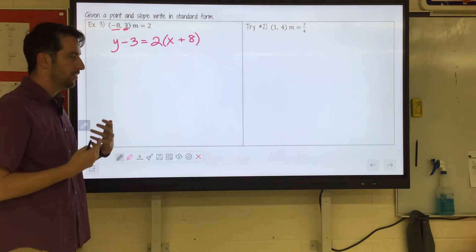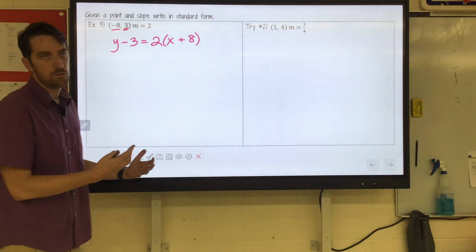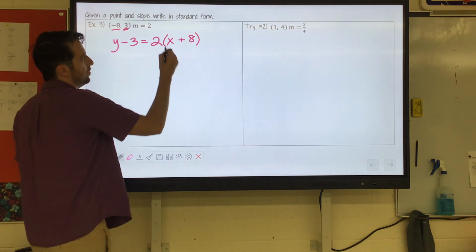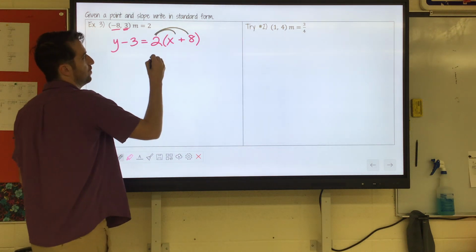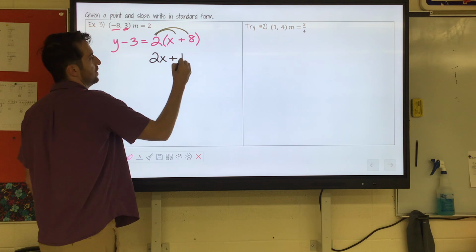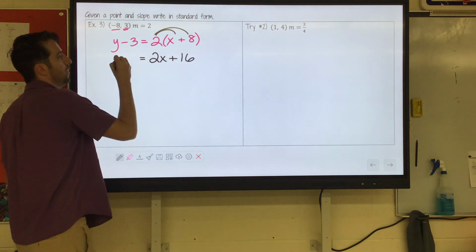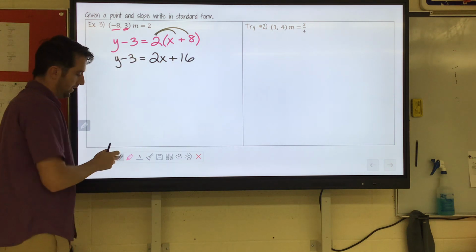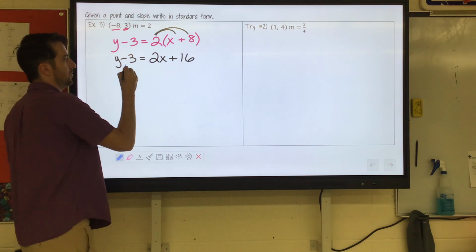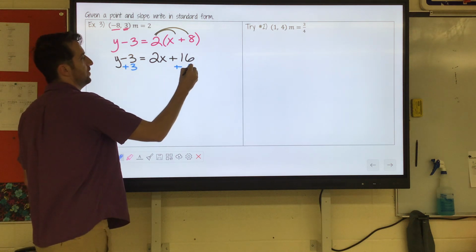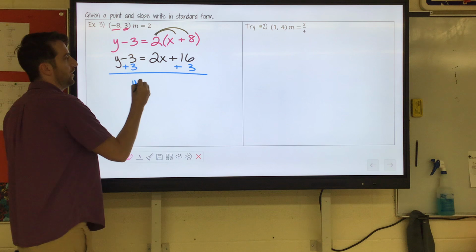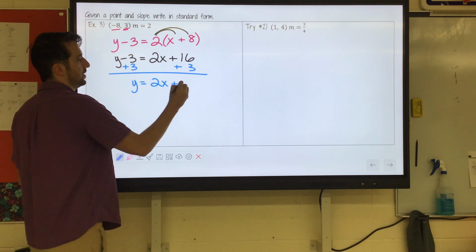So we'll distribute the 2. That'll give us 2x plus 16 over here, y minus 3. We could get rid of this minus 3 because there's a like term on the other side. y equals 2x plus 19.